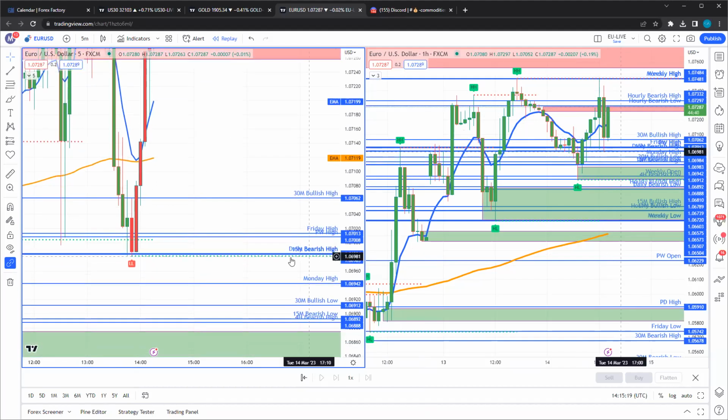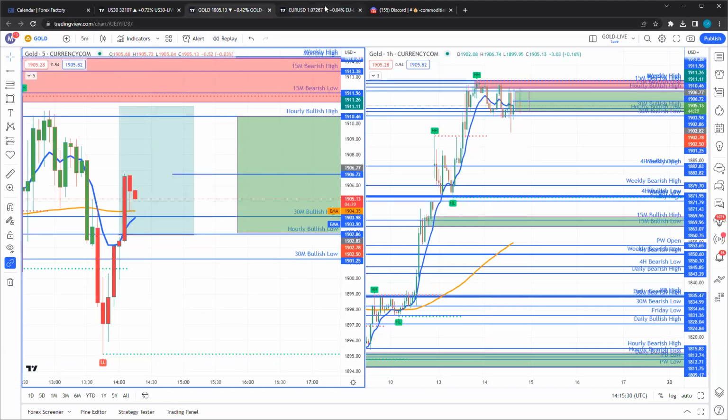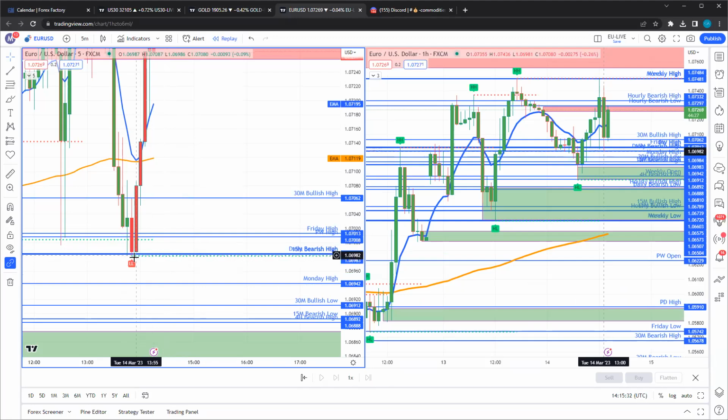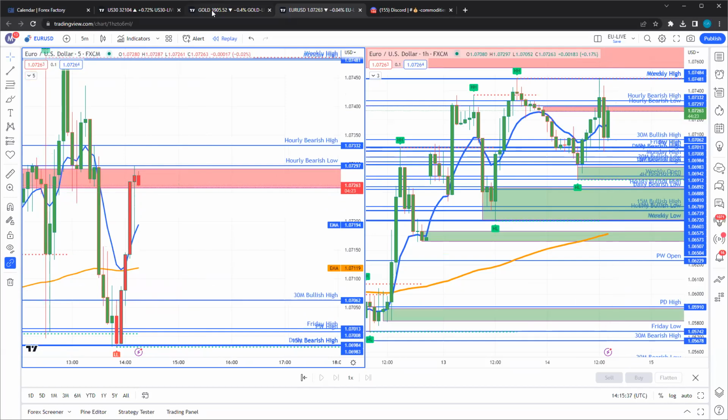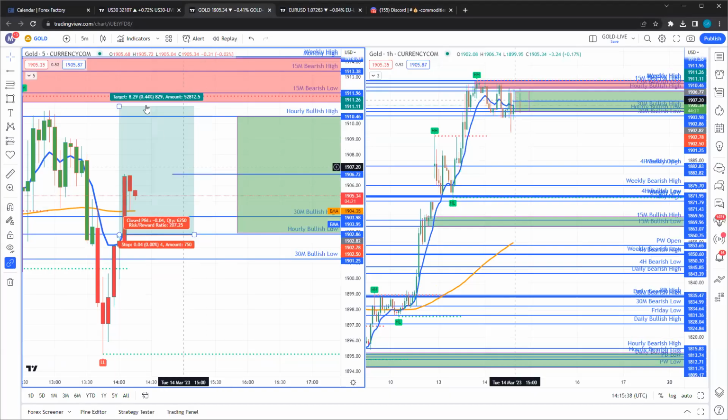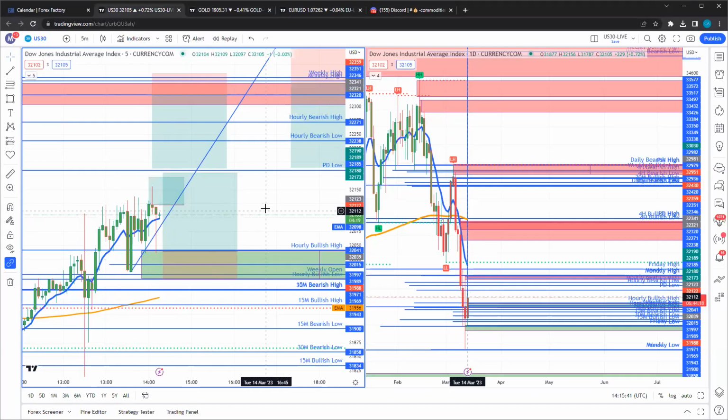So once you have a level, even though it's a high time frame zone, that has been tested a lot of times, do not trade it anymore, because if you entered an EU sell at this zone right here, you would have been automatically in drawdown all the way up here. So keep that in mind.